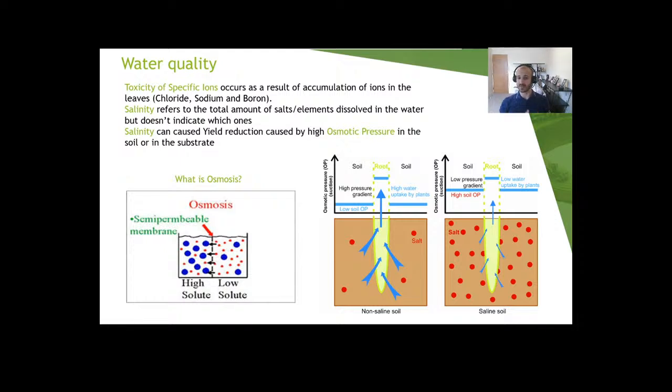So that's why there is a yield reduction, because the plant is focusing its efforts on survival, so on extracting the water, rather than producing a lot of fruits, a lot of flowers, or big fruits and good quality fruits. That's why the salinity, the high osmotic pressure, can cause water stress.